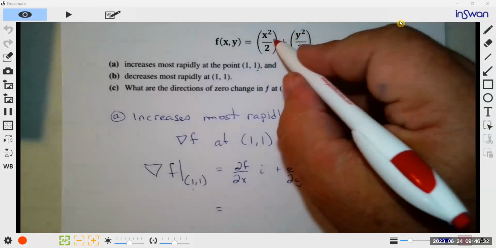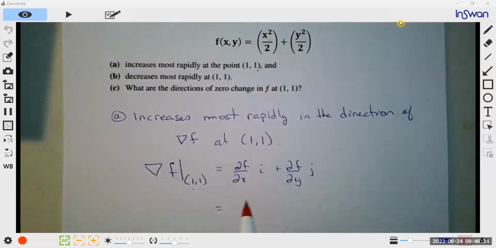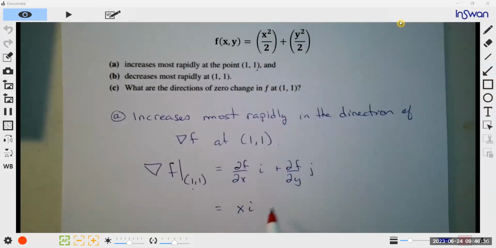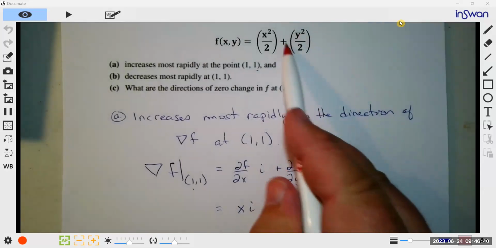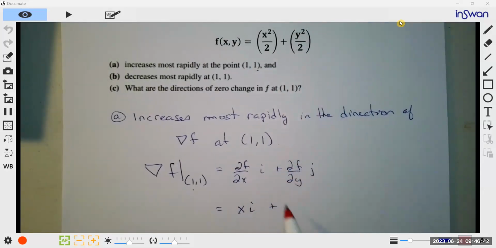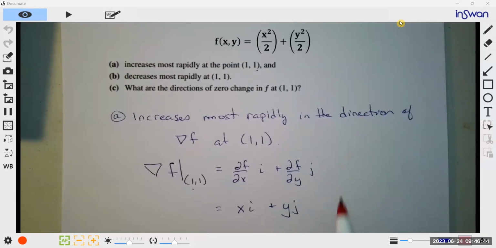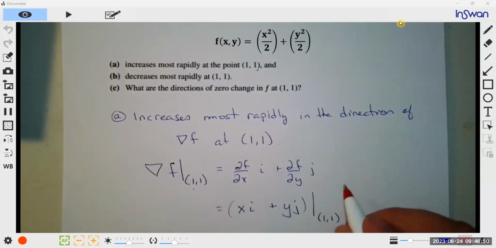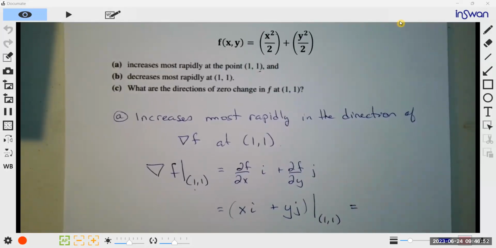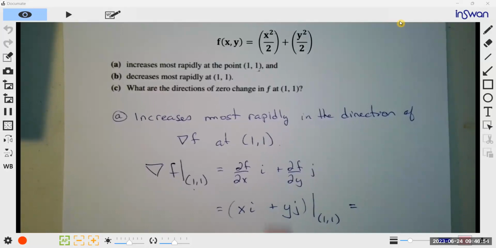The partial with respect to x of x squared over 2 is just x i. The derivative with respect to y is 2y over 2, the 2's cancel, giving y j. And we're taking this at 1, 1, so x is 1, y is 1.